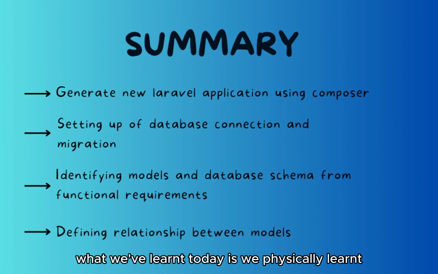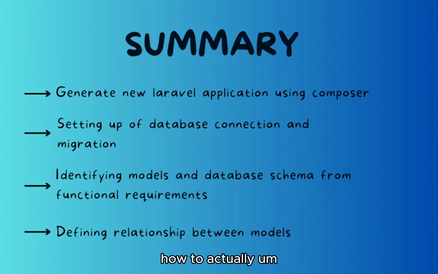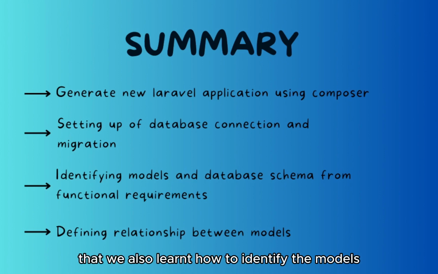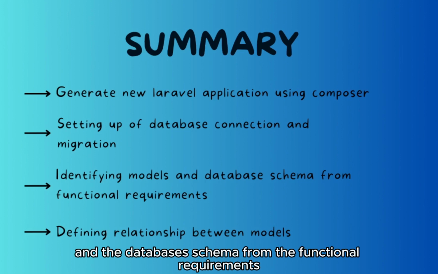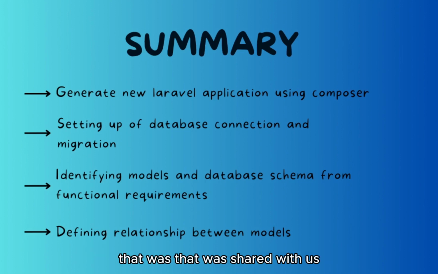So let's talk about the summary. What we've learned today is how to initialize a new Laravel project, how to set up the database connection, and how to migrate the schema that we created. Then we also learned how to identify the models and database schema from the functional requirements that were shared with us.